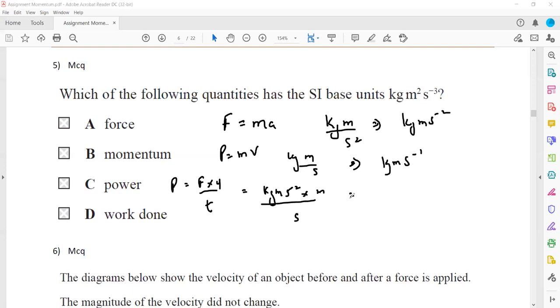So when we simplify this, it will be kilogram meter square, and this second is there because this is kilogram meter per second square, or minus 2. So this will move up, so it will be second minus 3. So the unit kilogram meter square second minus 3 is equivalent to power. Is it clear? Question 5.